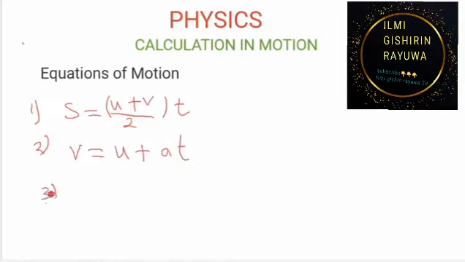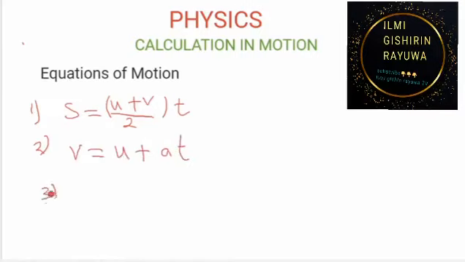And then finally, the fourth equation of motion is S equals UT plus half AT square. So these are the four equations of motion that we're going to use to solve questions.